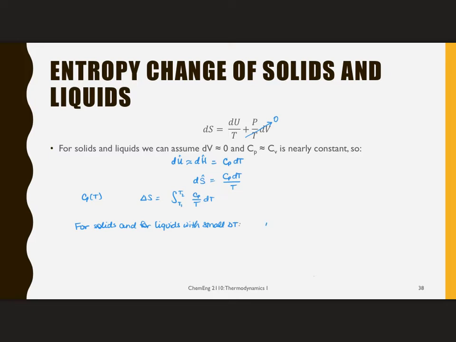In those cases, delta s is very close to being equal to c sub p times the natural log of T2 over T1. c sub p is a constant, dT over T gives us the natural log of T. So this is not exact, but this is a good approximation for solids in all cases, or for liquids where the temperature change is not that large.